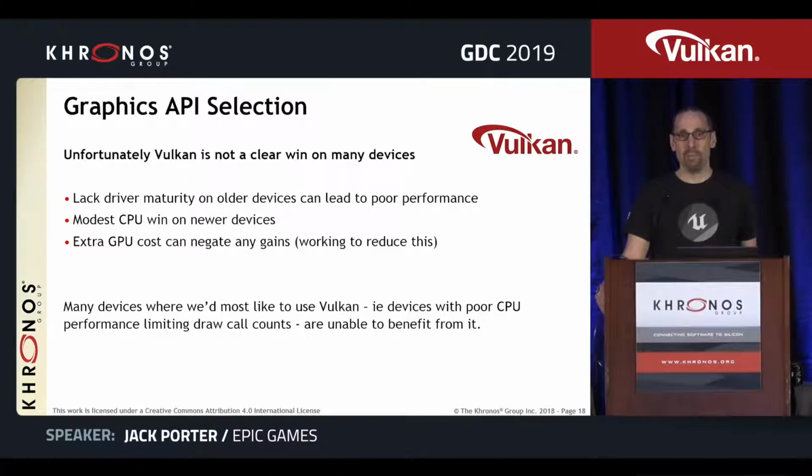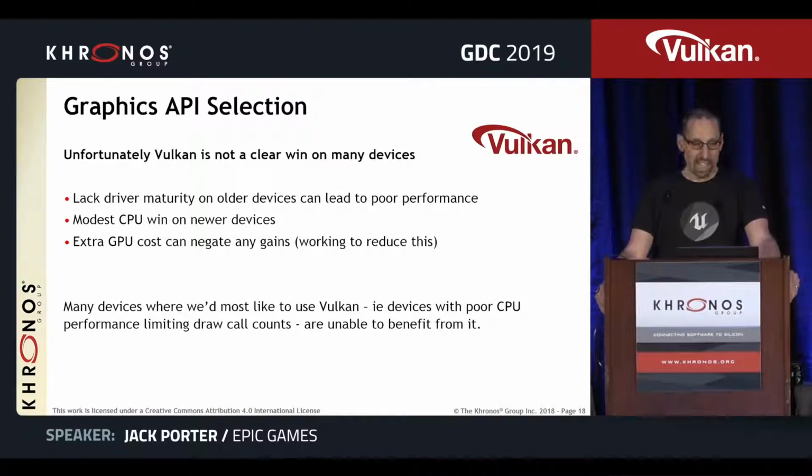So the CPU gains we're getting from Vulkan are reduced simply by the nature of these devices being very fast. There's also some extra GPU cost from our Vulkan implementation, and I'll talk a little bit later about a couple of the improvements we're doing, and Kostiantyn's also going to talk about reducing that GPU cost.